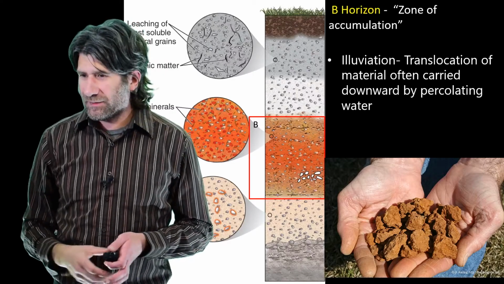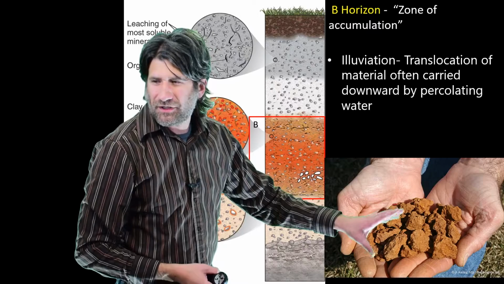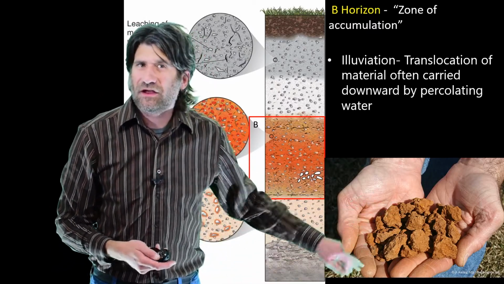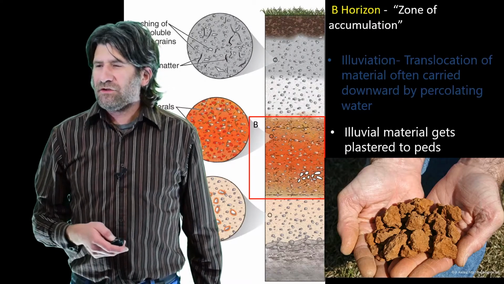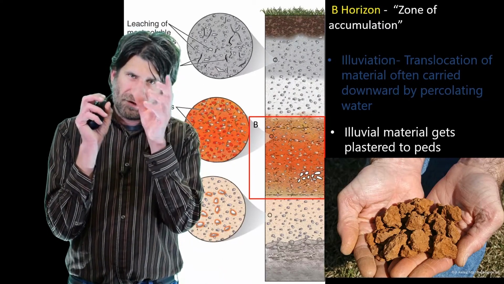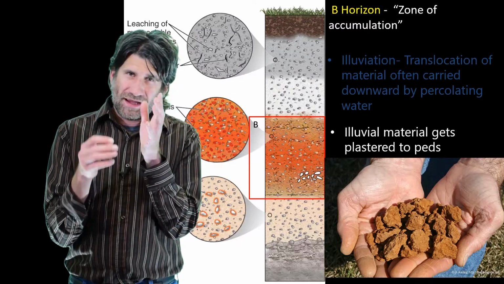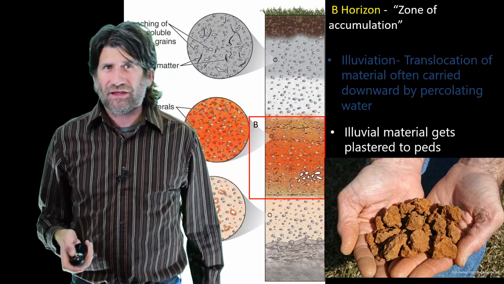You can see these hands right here, they're full of a B horizon that has iron oxides in it. Oftentimes when we have a soil, you'll get kind of clumps of soil. We call those peds, and the eluviated material can end up as a coating on those ped surfaces.